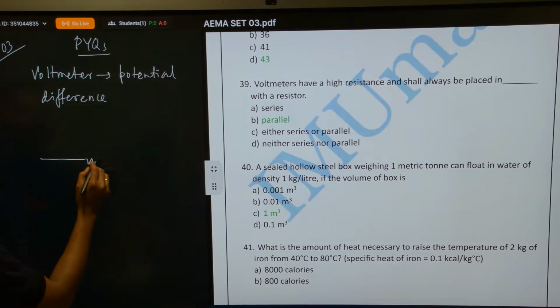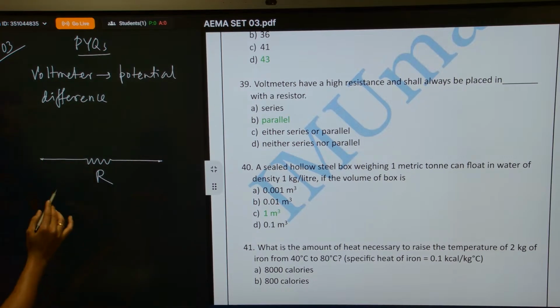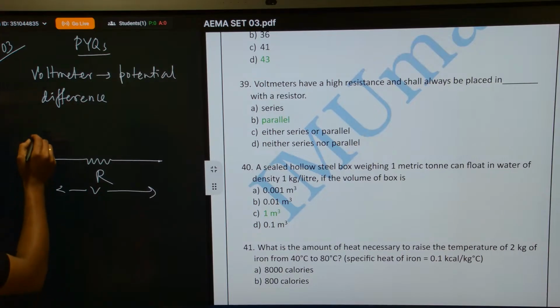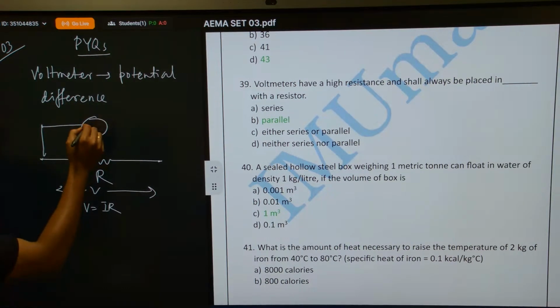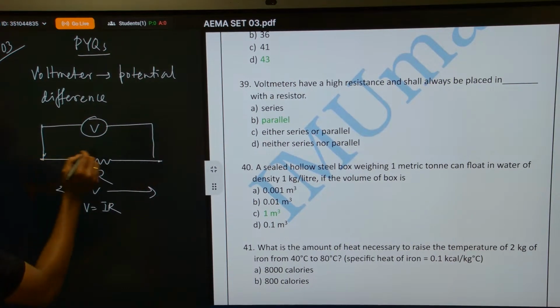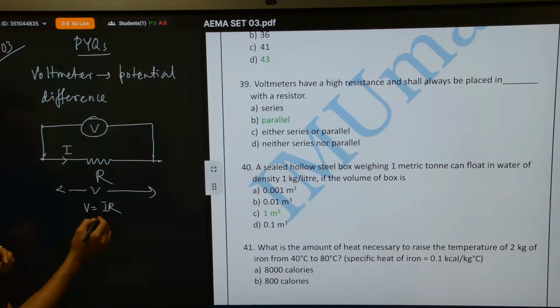So let's say this is your resistance across which you want to measure the potential difference V. Now see, V means what? I times R. So when I connect a voltmeter here, look carefully, I will be trying to capture this IR, the current times resistance.